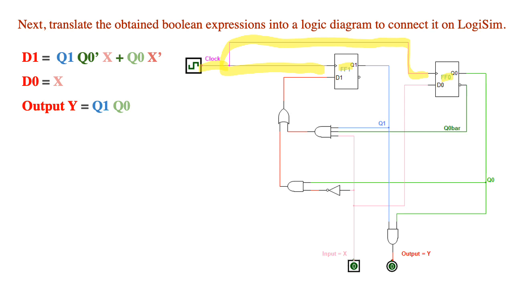So we'll manually change the input X by inputting the sequence. This is a sequence detector that detects the sequence 101.